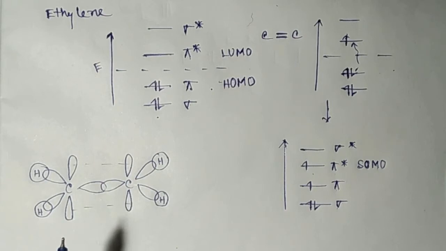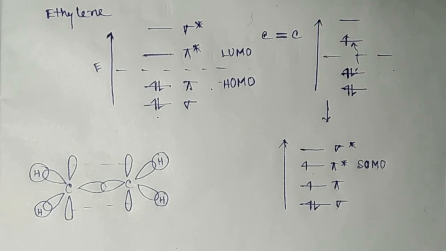The mutual perturbation of p atomic orbitals also generates one bonding and one antibonding orbital. The bonding orbital is called the pi orbital and the antibonding orbital is called the pi star orbital, which is of higher energy than the bonding pi orbital.